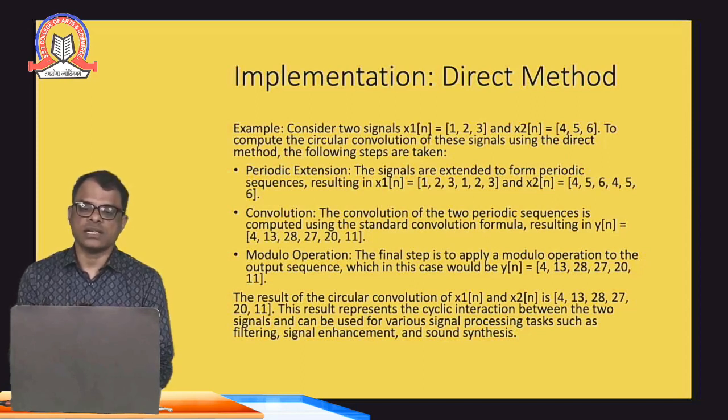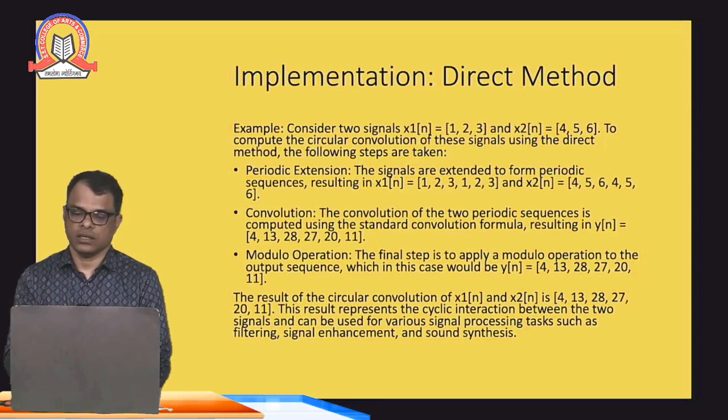So the signals are extended to form periodic sequences, so we can sequence x1n as 1, 2, 3, 1, 2, 3. And the second signal we can divide like 4, 5, 6, 4, 5, 6. Okay. So in the circular way we sequence it in a period of 2.